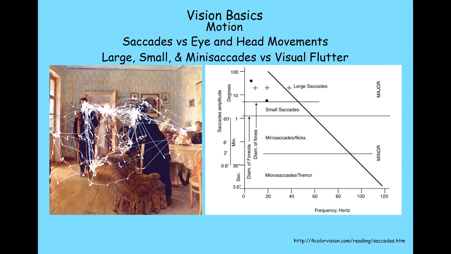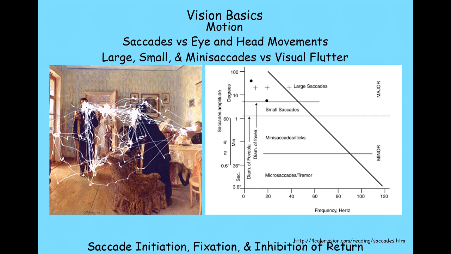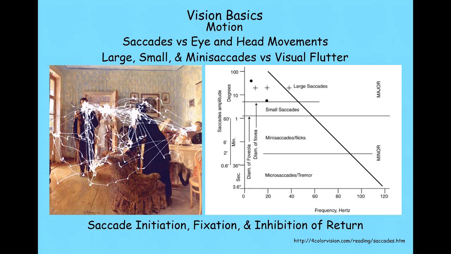So we want to keep all of those things in mind, and we also want to keep in mind how saccades occur. There's an initial saccade initiation. There's a fixation on the saccaded area, and then there's an inhibition of return, so that saccades are forever moving forward from one to the next, initiating, fixating, going to the next spot, and not just going back and forth, back and forth, back and forth.